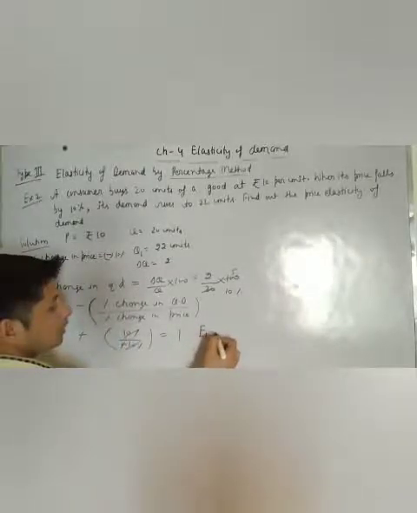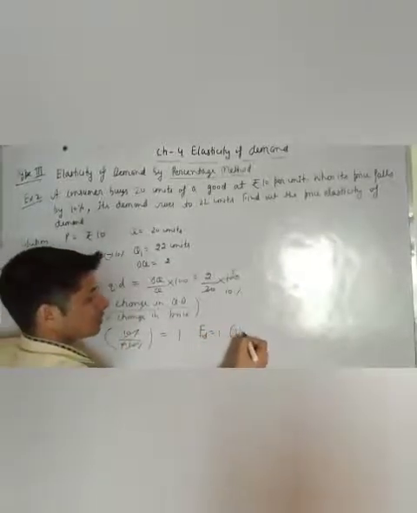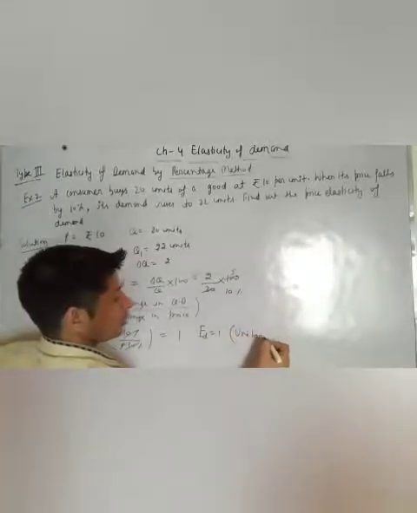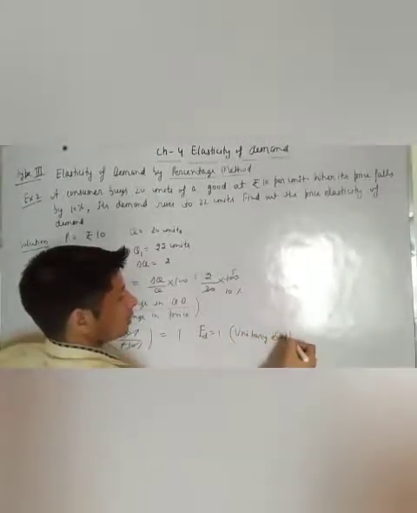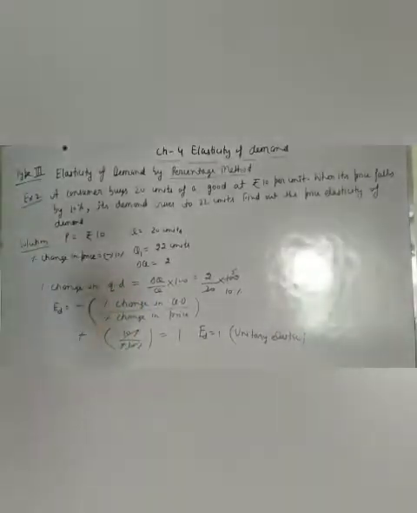So ED equal to 1 means unitary elastic. So I hope all of you have understood how will you solve this type of question. Please pause the video and note down this.